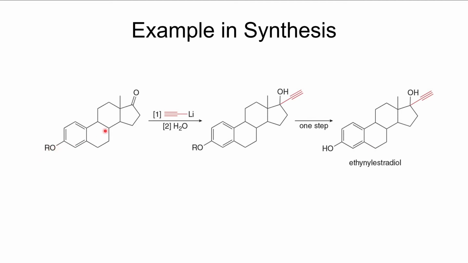And so when we do this reaction, we treat this carbonyl with this lithium acetylide. It comes in, reacts with that, and then the second one protonates to give us the alcohol. And we have this precursor, and then one step, which is just going to be the deprotection of this. We're going to talk about protecting groups a little bit later in just a couple of sections here, but we deprotect this to give us the alcohol.